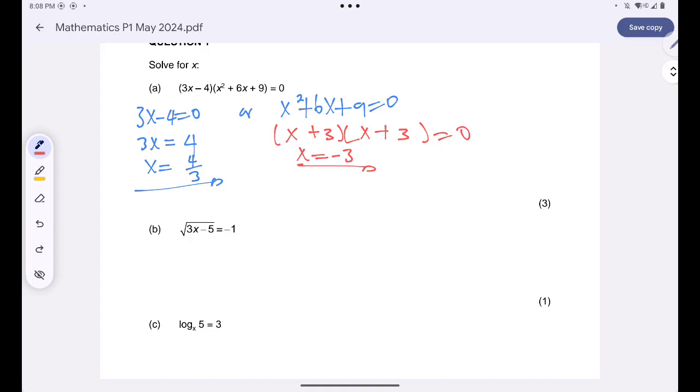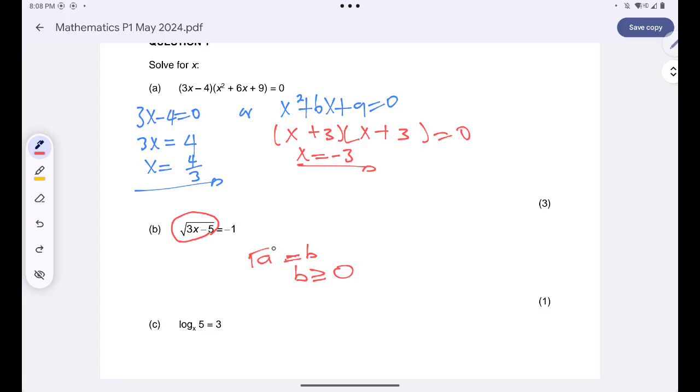Okay. Second one, I'm supposed to solve x, right? I'm given a square root equaling a negative number. Please note that, guys, for this equation to be real, there's no value of x that I will put here and give me a negative number. Everything under a square root is always greater or equal to 0.